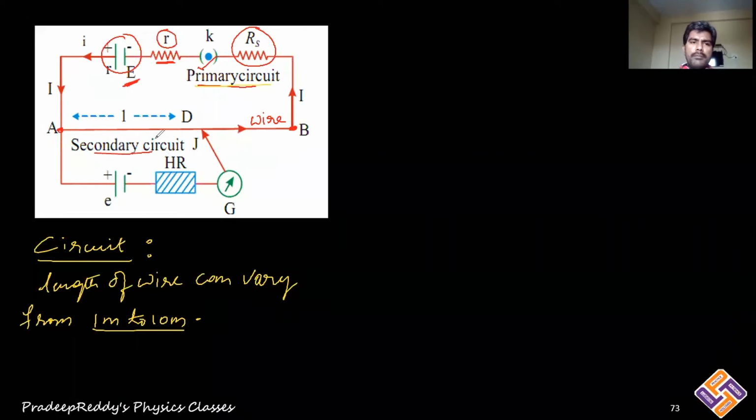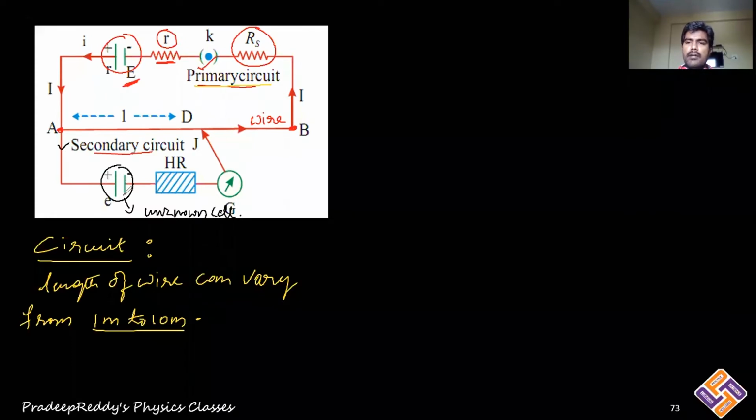So that upper portion is called primary circuit of that given potentiometer. And in the bottom portion, which is called secondary circuit, we have an EMF which is connected over here. This is unknown cell. Whose EMF you want to find out, that will be connected here.